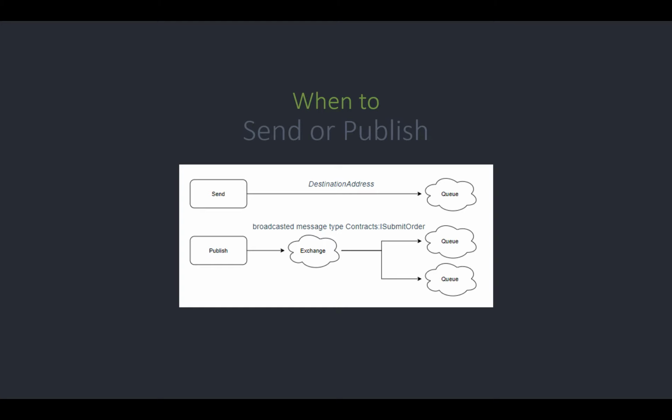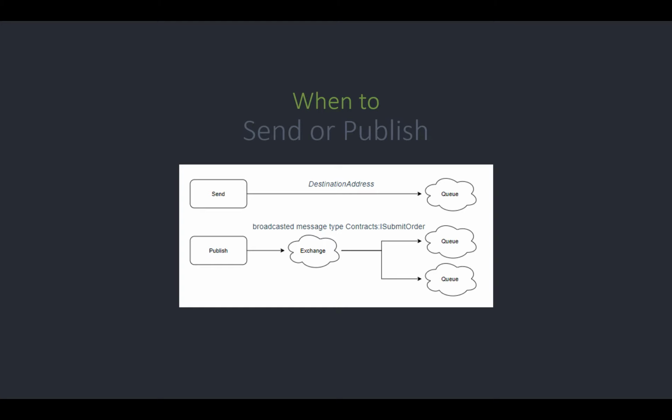Now, as we go into it, there are talks about using send and publish as delegates and events, or an event or a task. For instance, send would be submit order, and publish would be order submitted or completed or processed.